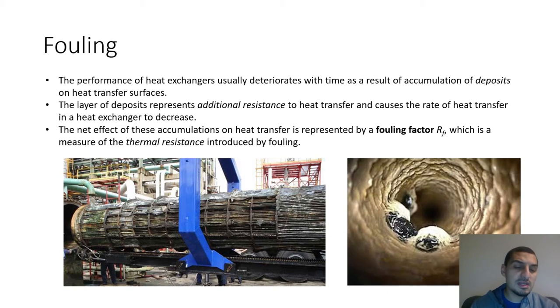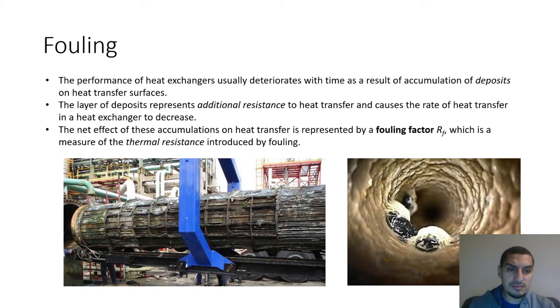This fouling is a big problem because in general it is like an insulating material that deposits on the tubes, so it reduces the heat transfer in the heat exchanger, which reduces its efficiency. And in some cases, in case of high fouling material, this might block some tubes. As you see here, the tubes from outside are very dirty because of the fouling that took place in this heat exchanger.